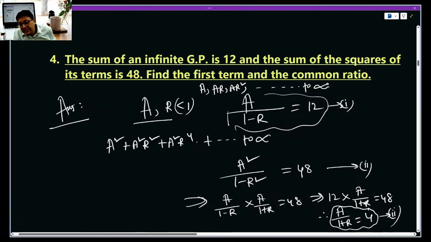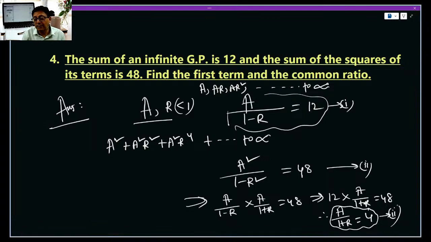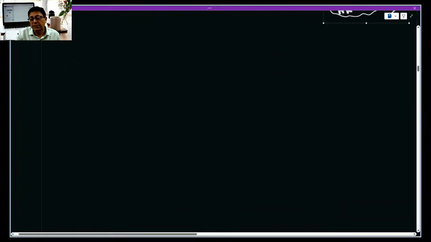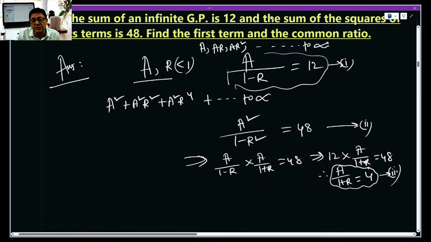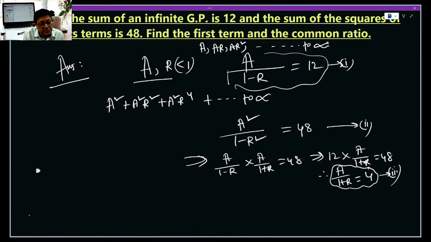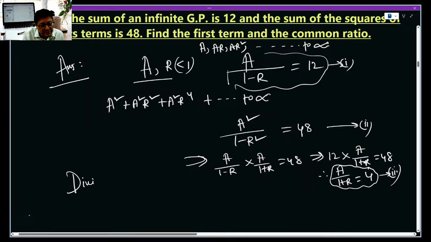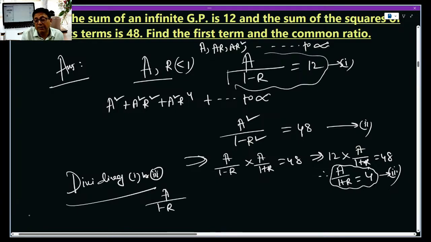To get it, we just divide 1 by 3 or 3 by 1. Just do it, dividing these equations you got here. So dividing 1 by 3, A by 1 minus R is equal to 12 by 4.